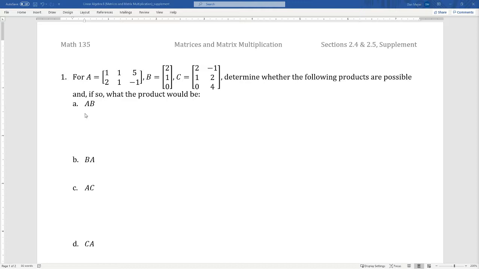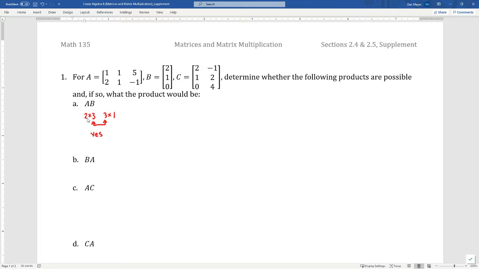Matrix A has 2 rows and 3 columns, so it's a 2 by 3 matrix. And B has 3 rows and 1 column, so it's a 3 by 1 matrix. And since these middle two numbers match, we can do A times B.